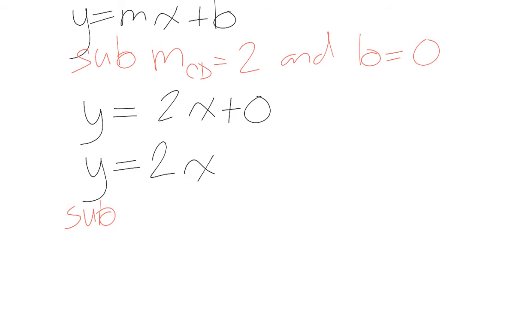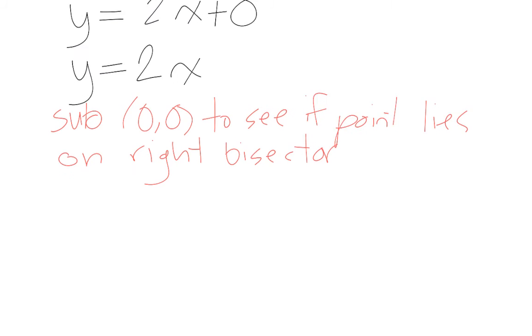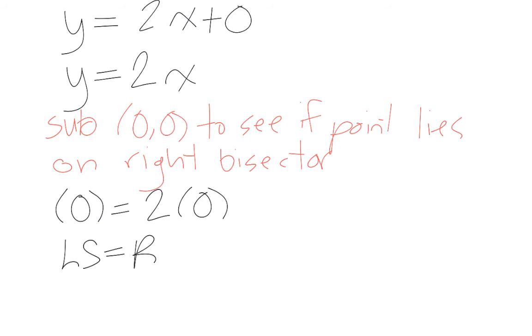Sub the point 0, 0 to see if point lies on right bisector. That should be pretty straightforward. Let's go ahead and do that. That y is going to be a 0, and the x is going to be a 0 as well. And you're going to see that left side is going to be equal to right side because both sides are equal to 0.